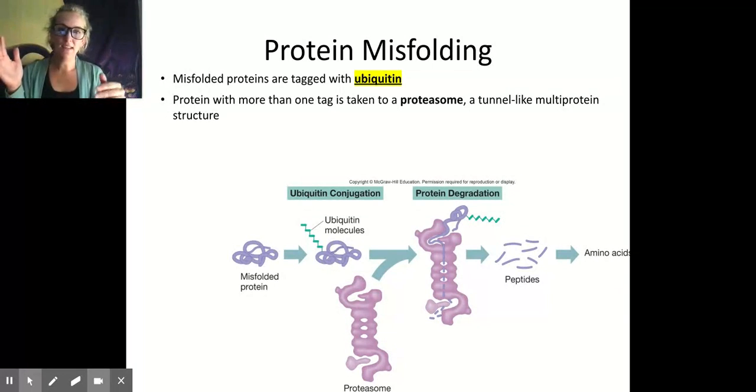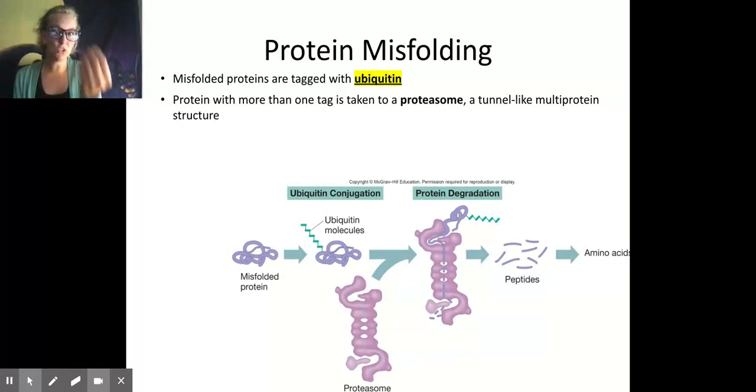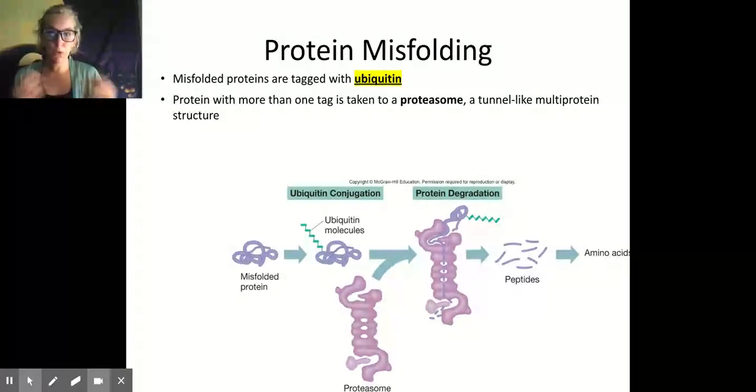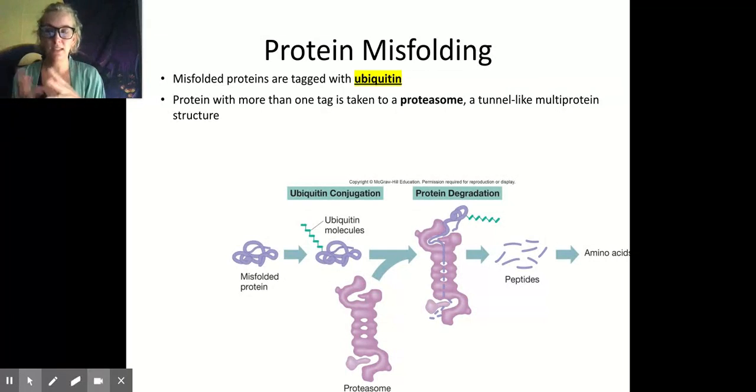The proteasome pulls that protein back into its original chain of amino acids and ends up pulling those proteins apart, breaking those bonds and re-releasing the amino acids back to the cell to be reused. So it's basically the recycling center for proteins that are misfolded. We don't want misfolded proteins in our cells. It is harmful. It is not good.